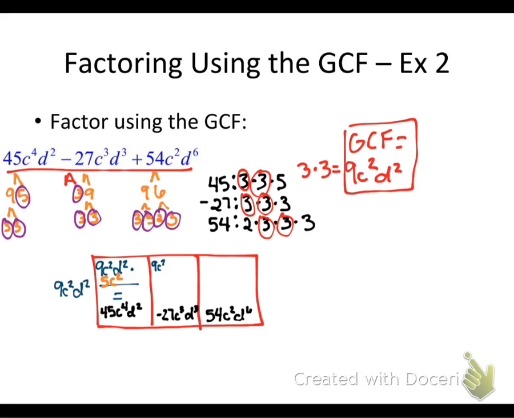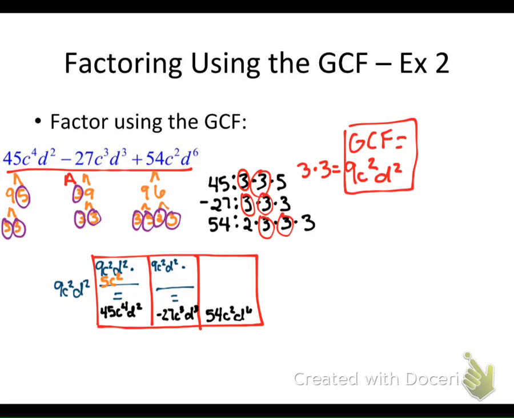I have 9c squared d squared times blank equals negative 27. 9 times what is negative 27? 3. Good. 3 what, Devontae? Is it negative or a positive 3?